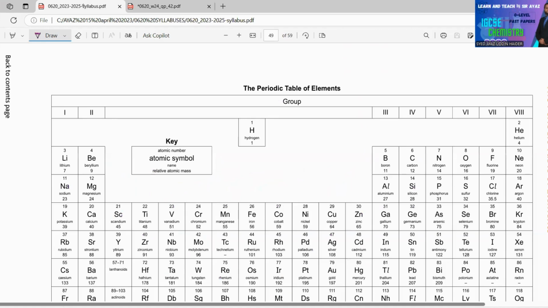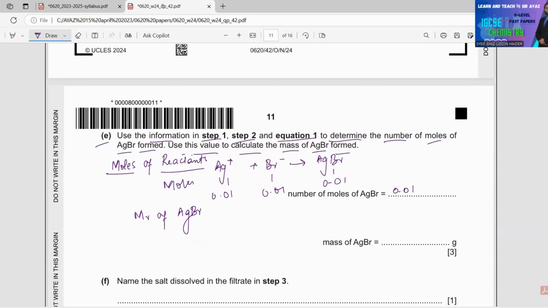If you look at the periodic table, here's Ag. So 108 will be the Ar of Ag. What about Br? Here is Br in group 7. For Br, it's 80. 108 plus 80 becomes 188.